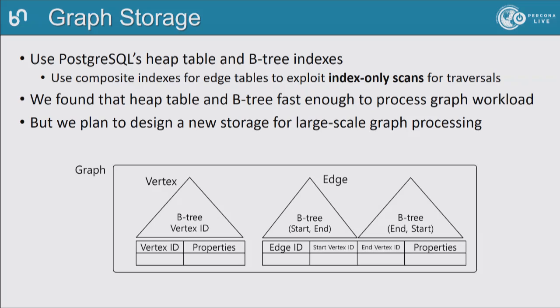There are two composite indexes for edge tables, start-end and edge-end-start. We built two indexes for edge tables to quickly find all incoming and outgoing edges for a specific vertex. We use composite indexes to exploit index-only scans for graph traversals if possible.